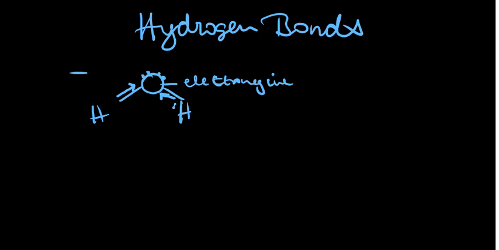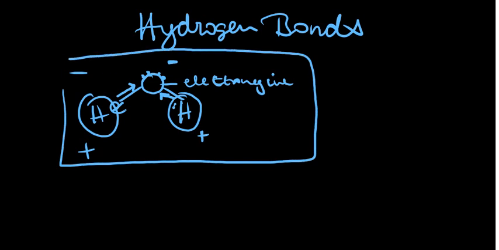And because the electrons are being pulled towards the oxygen, they will leave a slight positive charge on the hydrogen. And because the oxygen is gaining more electrons, the overall charge it will have will be negative. So this entire water molecule is going to be dipolar.